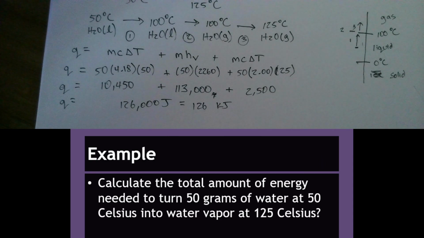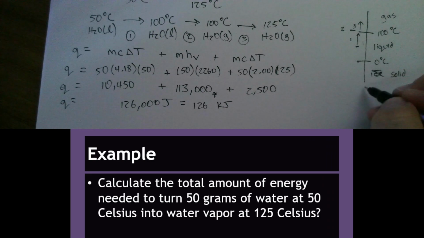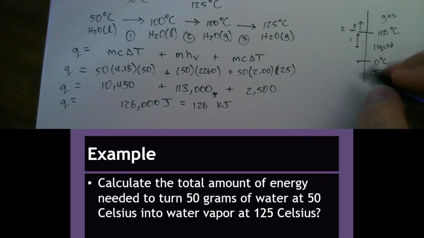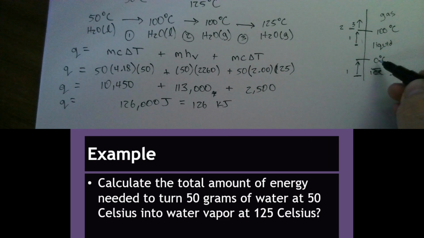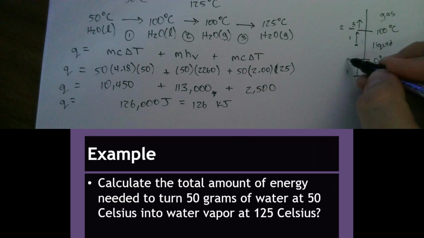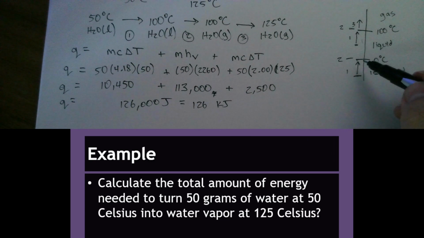Now think about what is the most number of steps I could give you in a problem like this. Well, the most number of steps would be starting all the way down here, right? Maybe starting with a solid lower than 0 degrees. So maybe starting here. I need to calculate how much heat I need to get up to 0. I would need to calculate the amount of heat I need to boil.